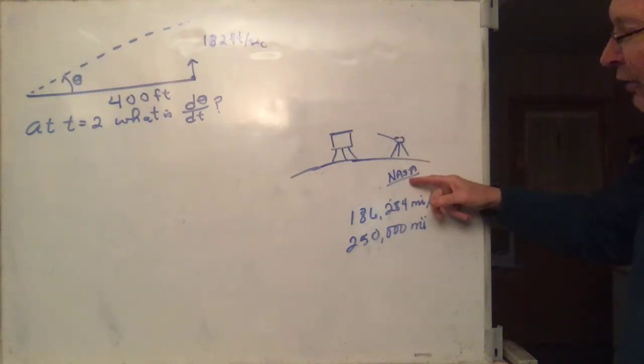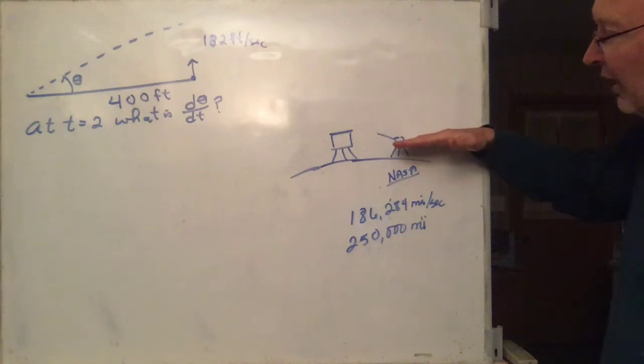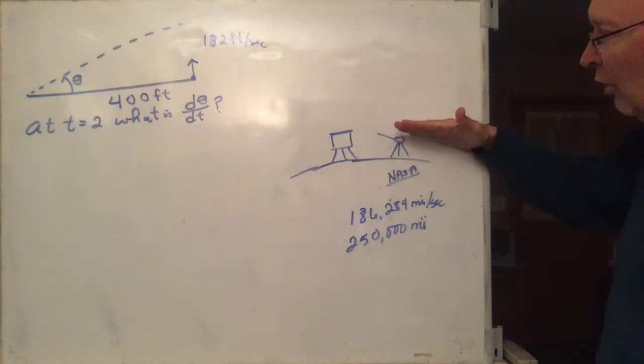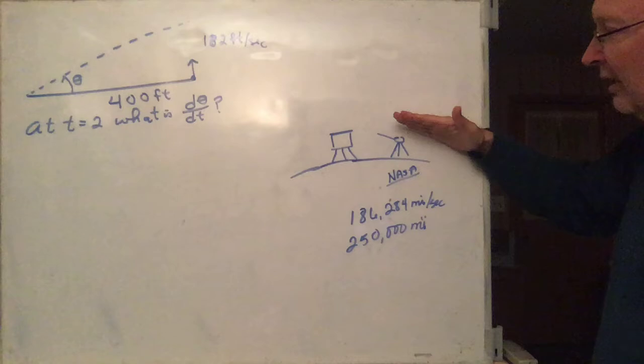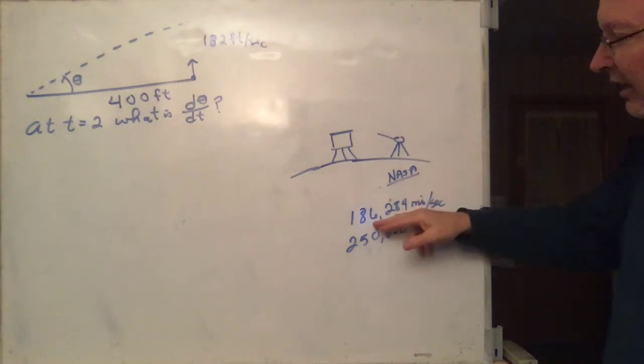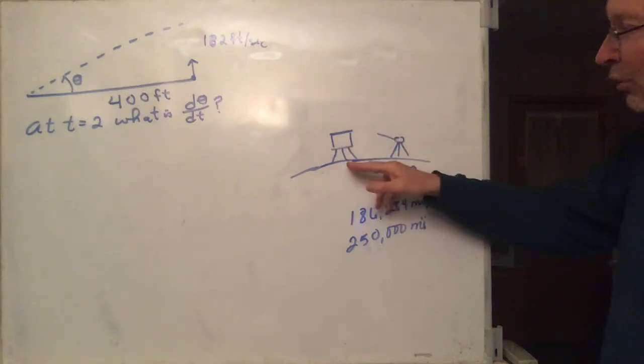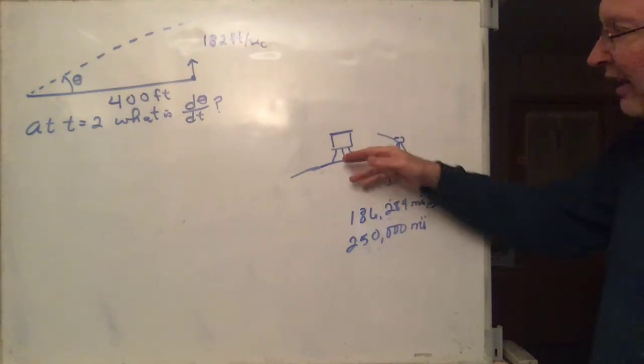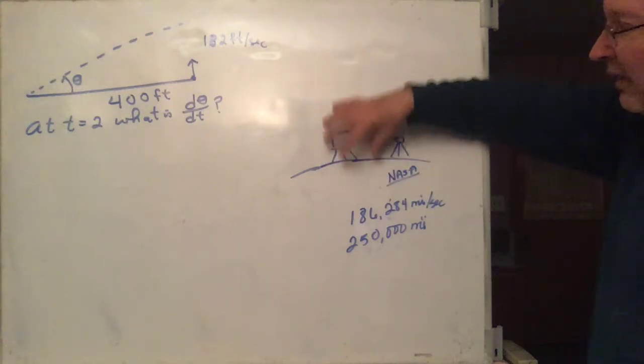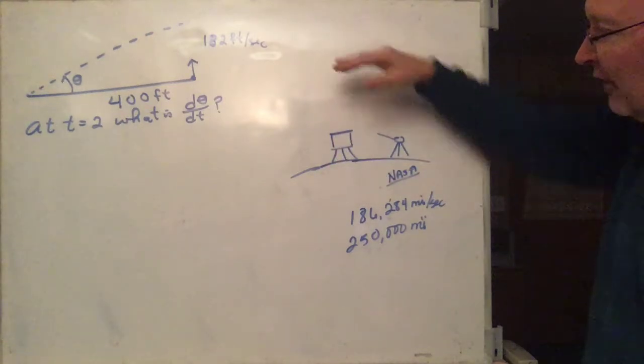So the person down at Houston at NASA wasn't able to just watch this thing go and then raise the camera in sync with it. Instead, he had to anticipate where this thing would be a second and a half later. So he knew exactly when they were going to take off and exactly what the force was and so on, and how fast it would be rising.